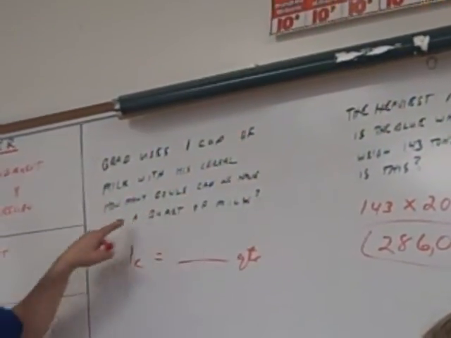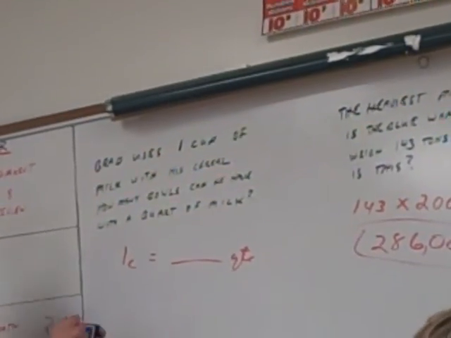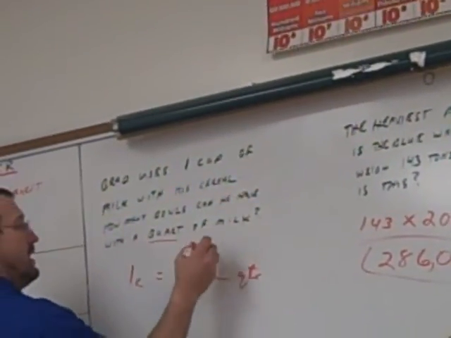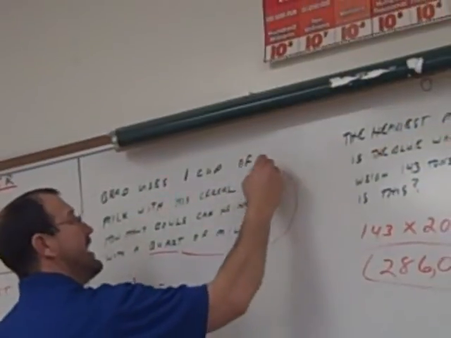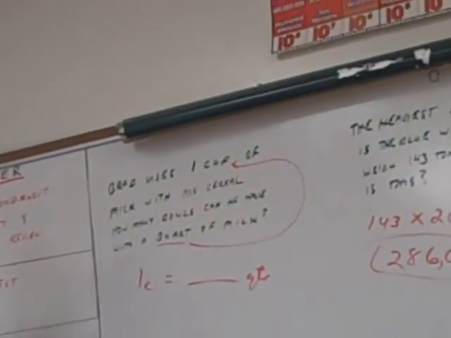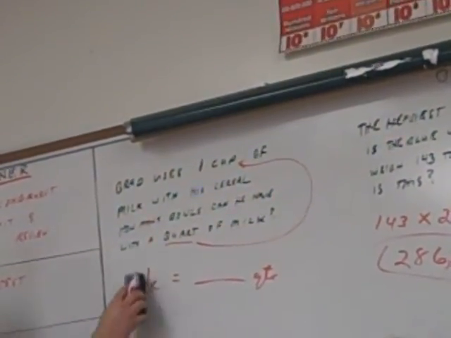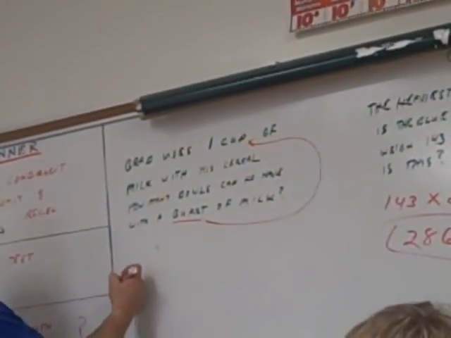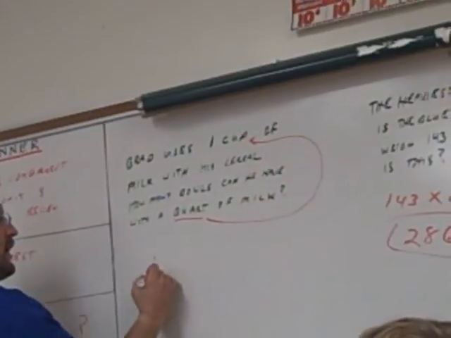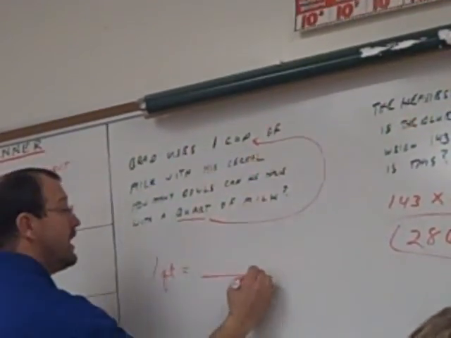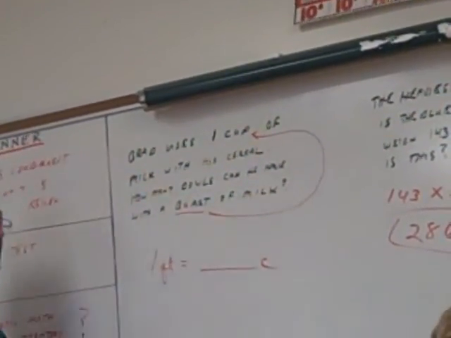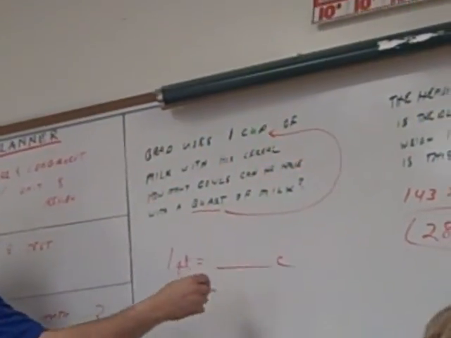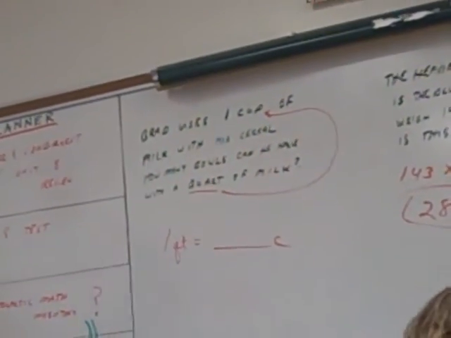He has a quart. And I want to turn that quart into cups. Y'all see how that curveball got thrown there? He has a quart. We need to know how many cups, because however many cups there is, that's how many bowls of cereal he can make.